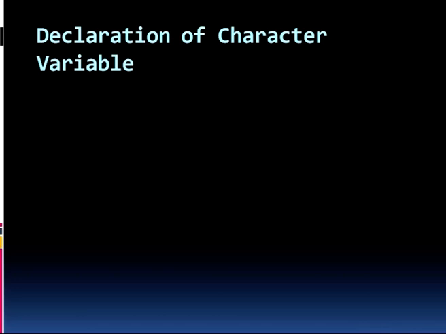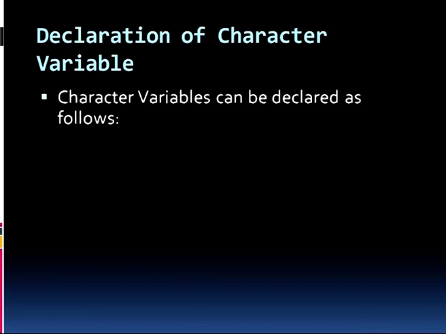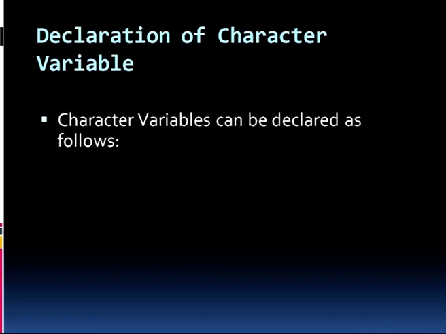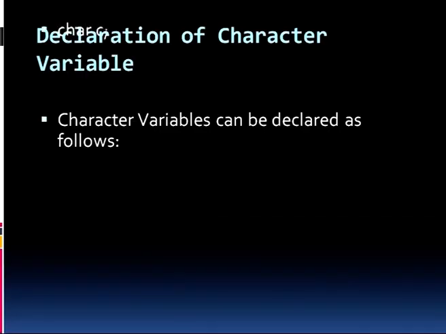Declaration of character variable. Character variable can be declared as this statement declares a variable c of type character. This is another statement that declares a variable g of type character. We may declare more than one variables of character type in a single line as well.